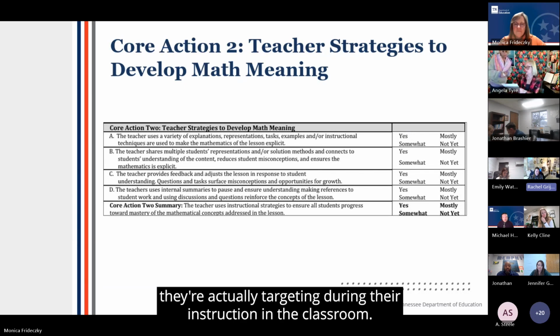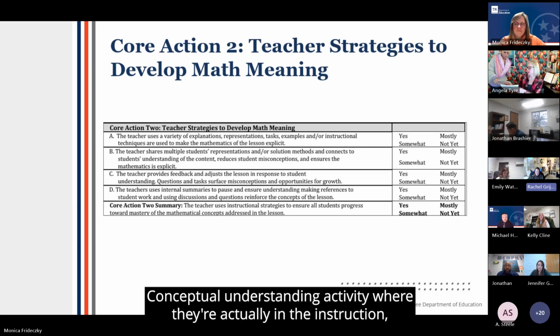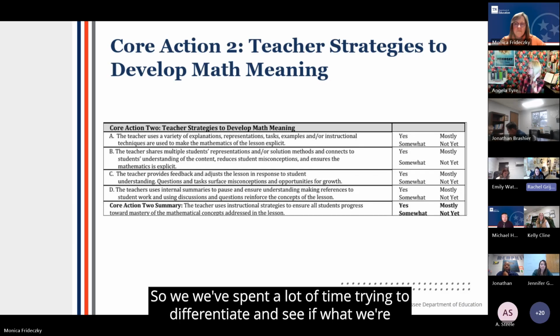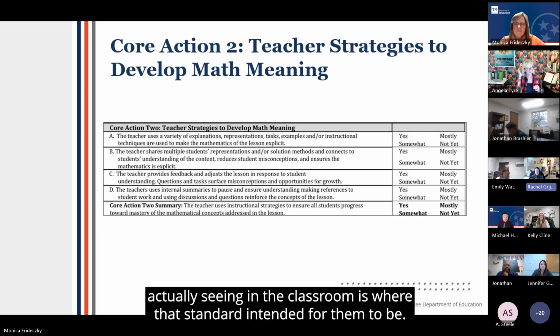Sometimes that's different. It might be a conceptual understanding activity where, in the instruction, we're seeing a lot of application being done. So we've spent a lot of time trying to see if what we're actually seeing in the classroom is where the standard intended for them to be.